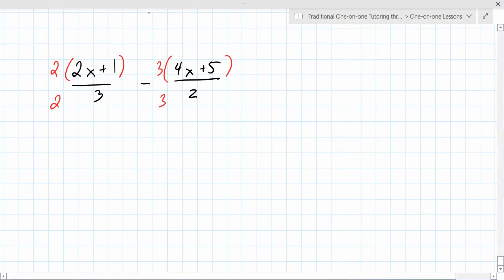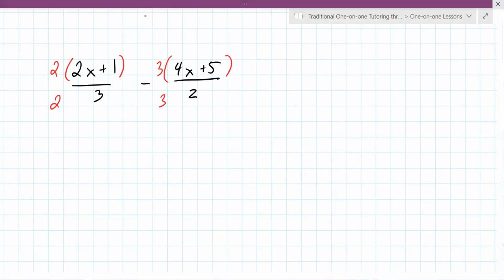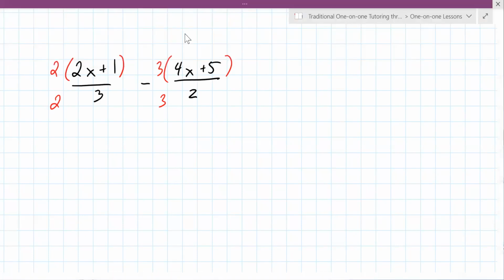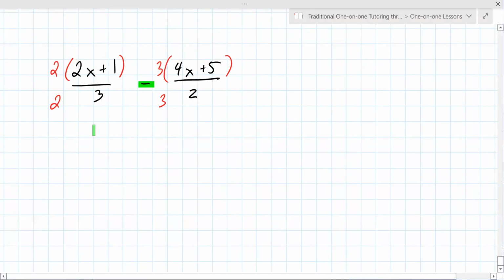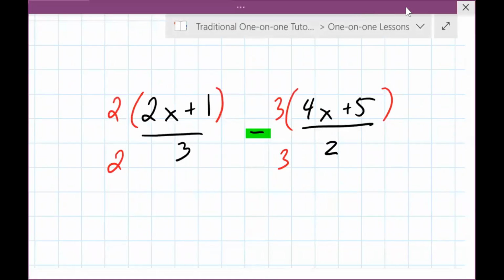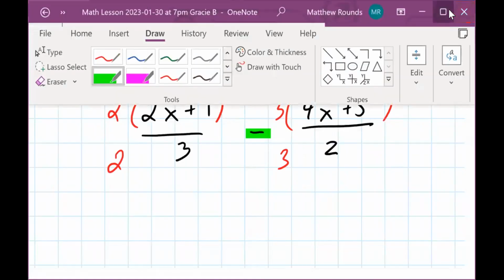All right. Now, how do you handle the subtraction operator? You can make it plus the reciprocal. No, not that. That works for multiplication. Sorry about that.